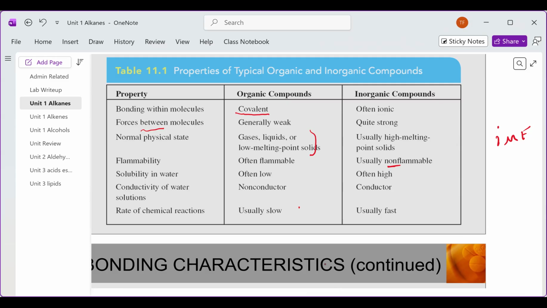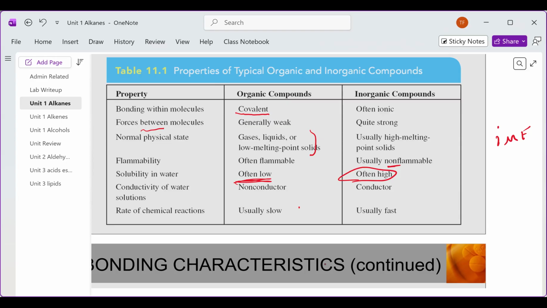Is it soluble in water? Often, no, or it's very low solubility. Ionic compounds usually are very soluble because water is very polar. Ionic compounds are very polar as well, so like dissolves like.